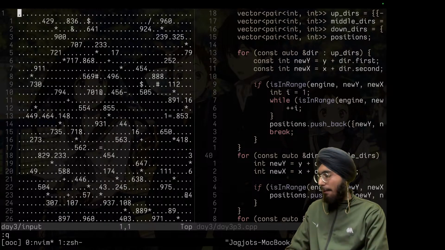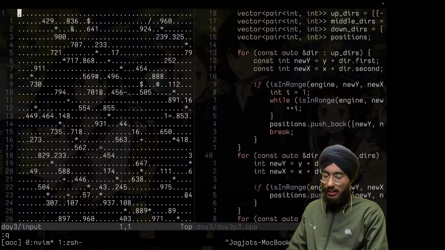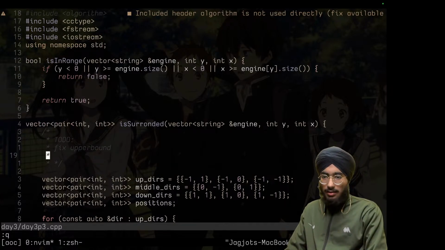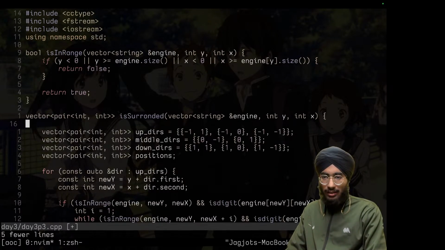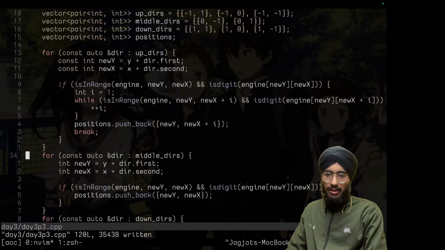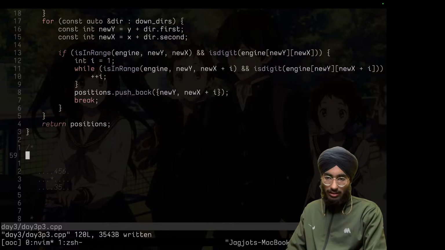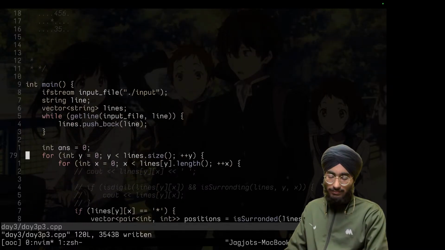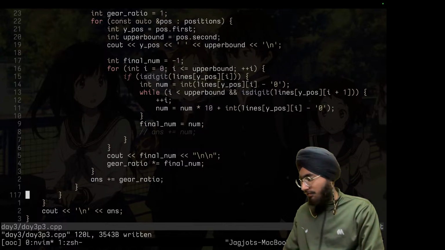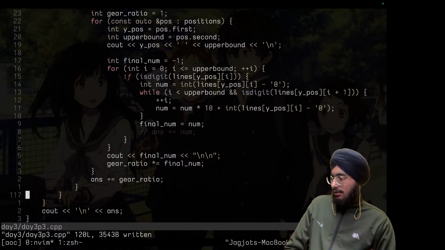Like, we did the sample input at least in first try. Fix upper bound, it's done. Is in range, okay. Everything is done. There might be some edge case, I don't know.